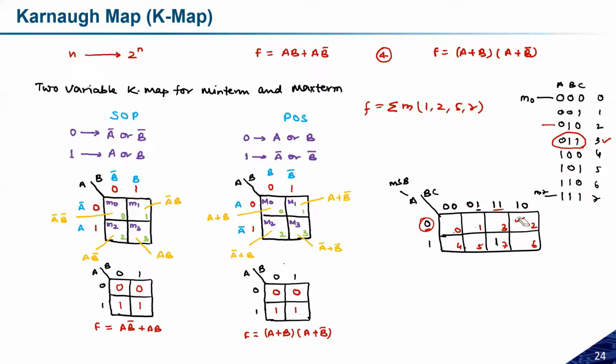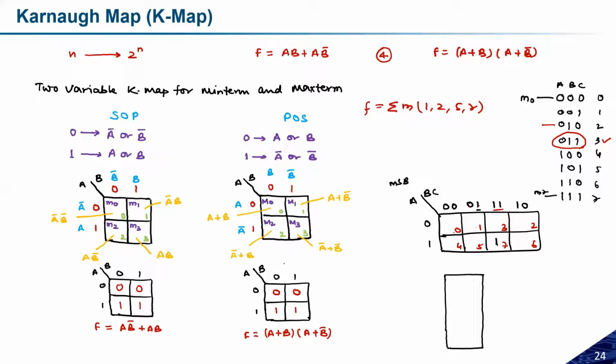Now, one question Jayant asked: why can we not keep A and B in this direction? Okay, so let us try to do that and check how we can make the numbering. If I keep AB in this direction, the structure of the K-map will be like this.